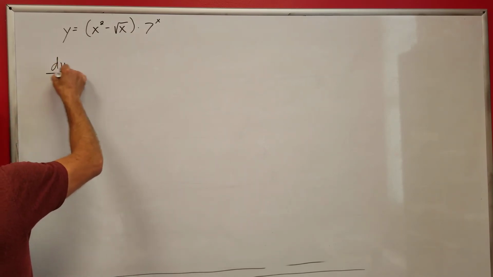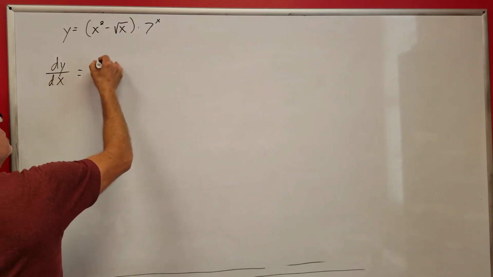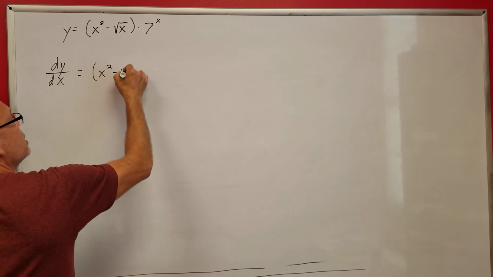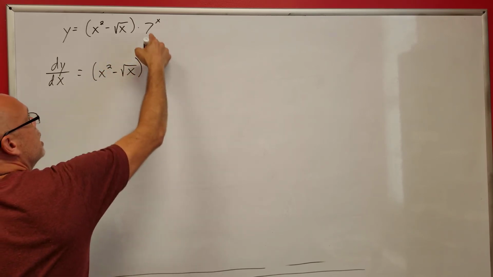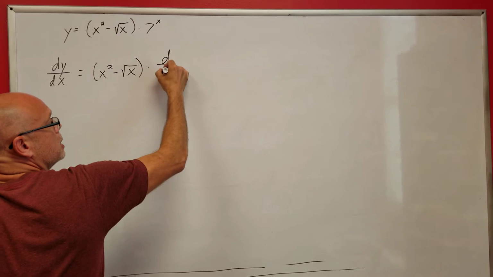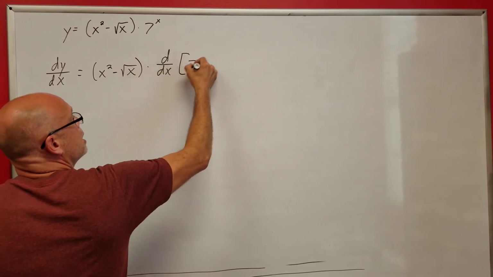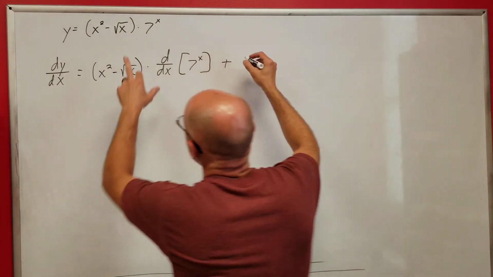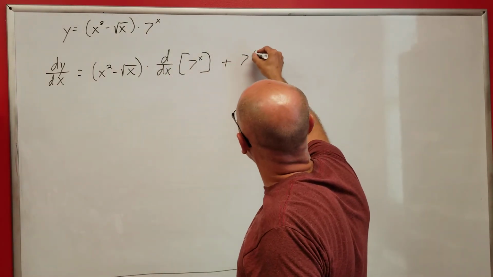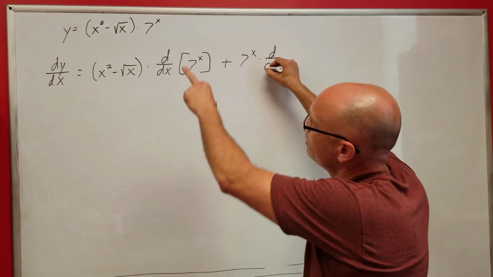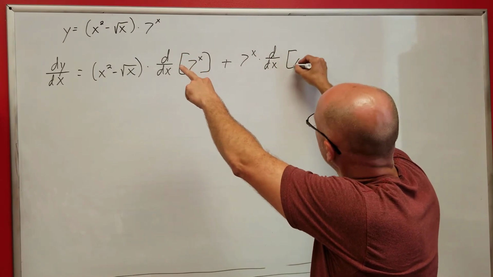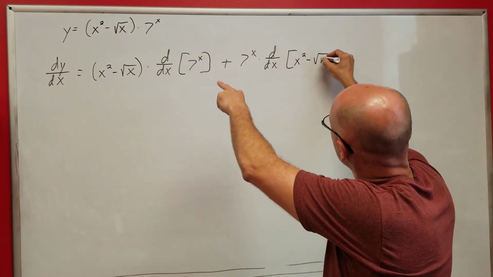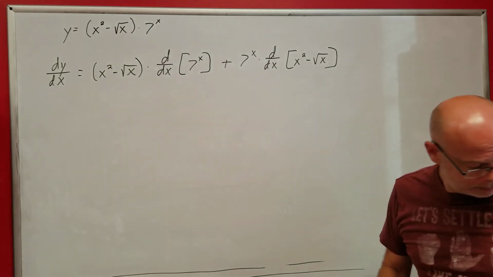So dy over dx is equal to first, which is x squared minus square root of x, times the derivative of the second, d over dx of 7 to the x, plus the second, which is 7 to the x, times the derivative of the first, the derivative of x squared minus square root of x.